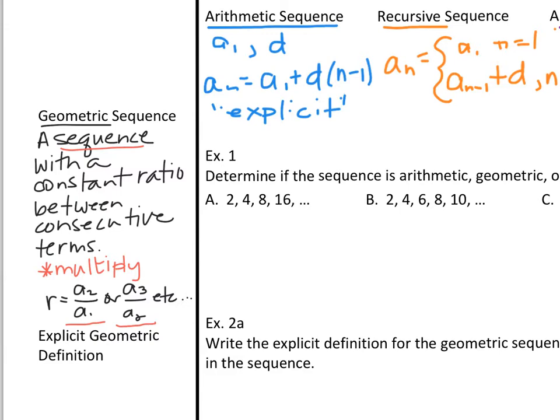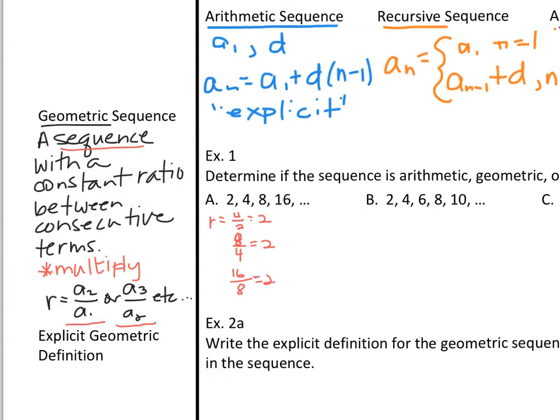For example A, determine if the sequence is arithmetic, meaning we're just adding, geometric, or neither. It goes 2, 4, 8, 16. If we're trying to figure out if this is geometric, we would do the second term divided by the first term, the third term divided by the second term, and the fourth term divided by the third term.